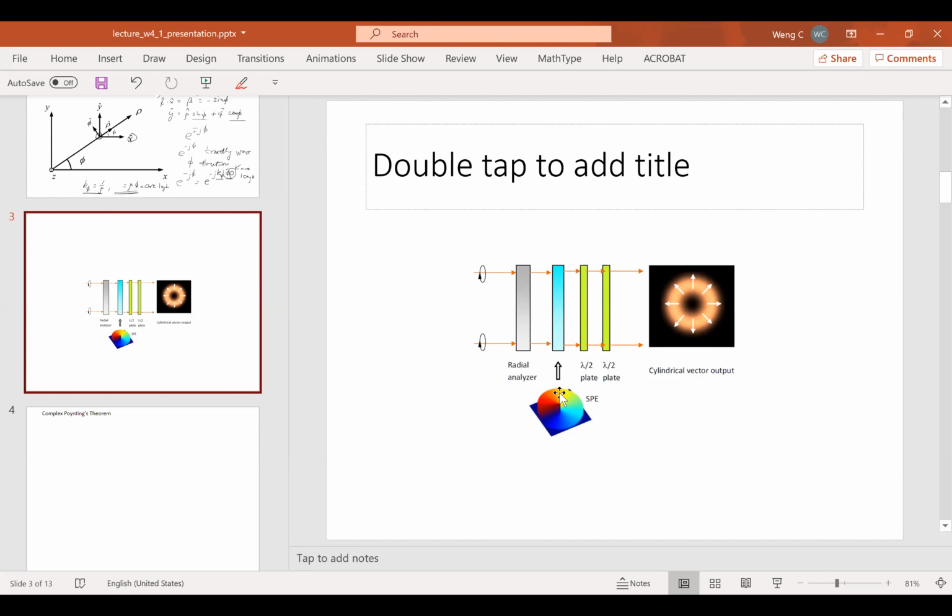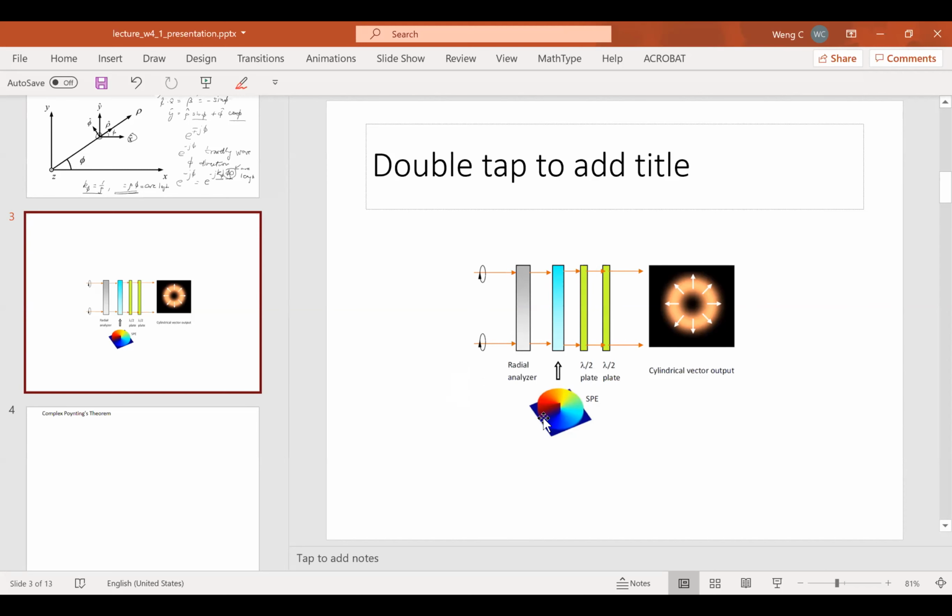And then it passes through what we call the spiral phase element, which will remove the phase. Let me see what the proper name for this is. It's called a spiral phase element.